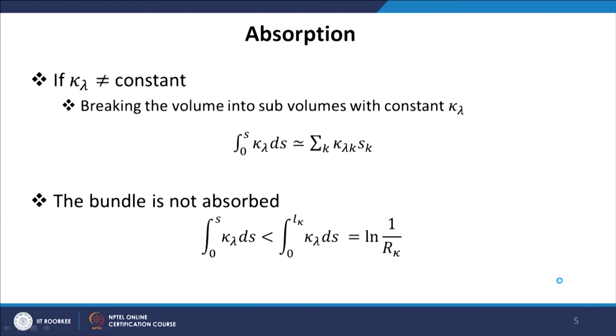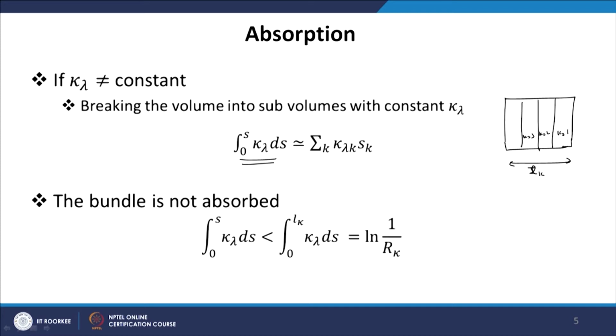If κλ is not constant, then we have to split this integral of κλ ds into a summation. We can divide this gas layer into multiple layers. The total path length is Lk, and each of these layers is k = 1, k = 2, k = 3 and so on.